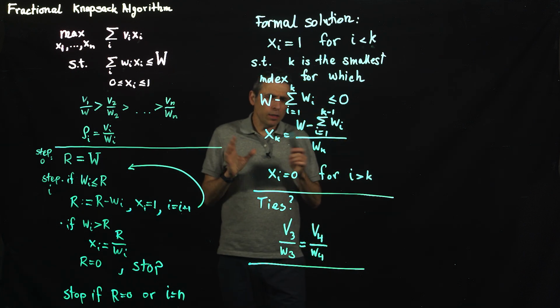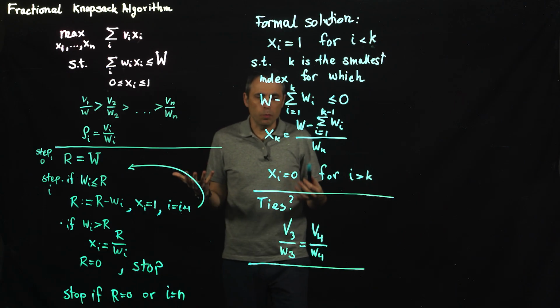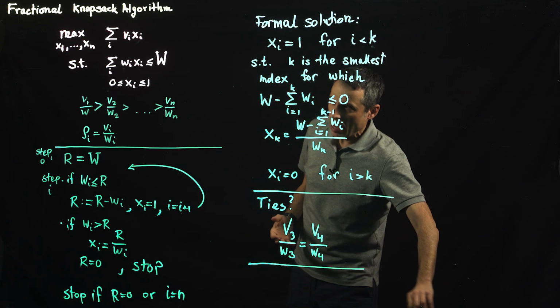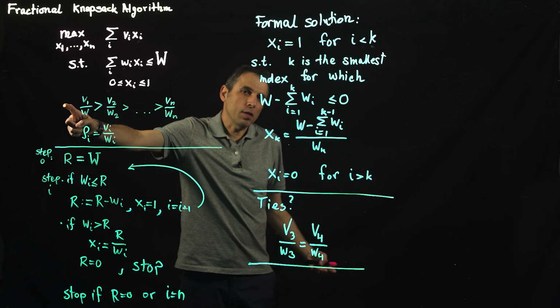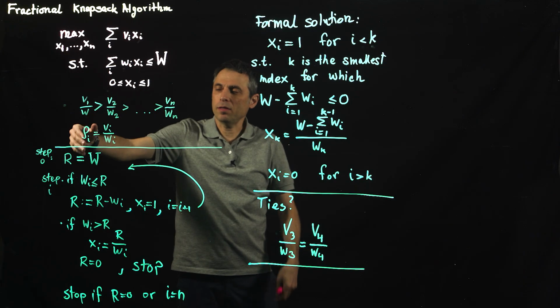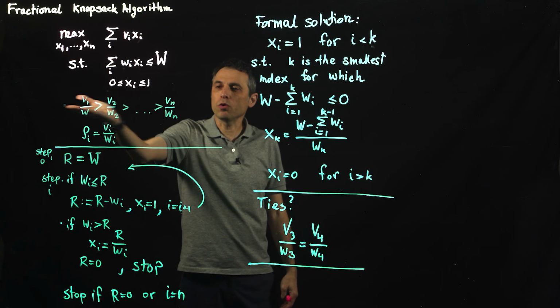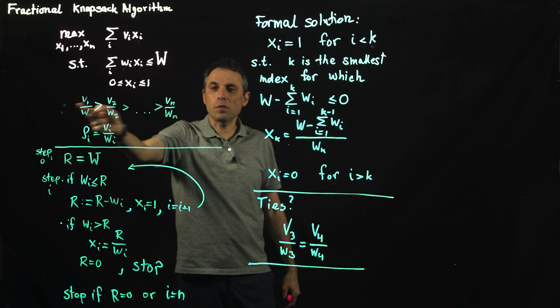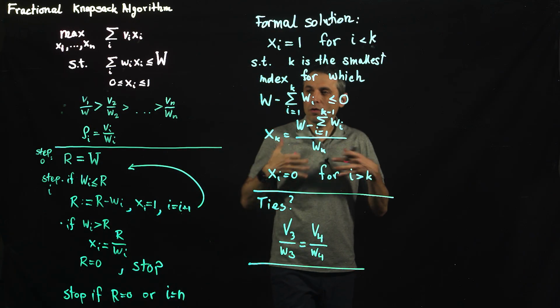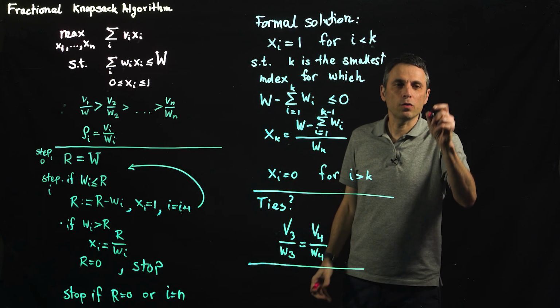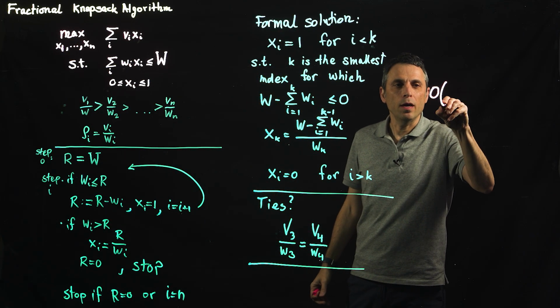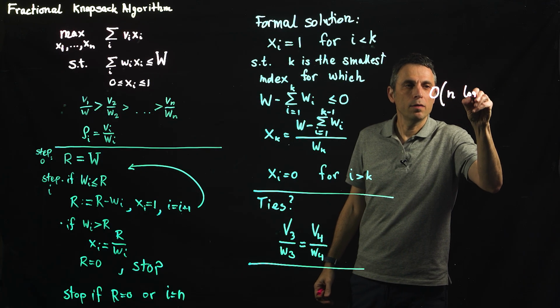Another thing that is worth mentioning is, what's the computational burden here? The first step is, and I assume it because that's math, but you will have to order the items like that, and the computational complexity of ordering is O(n log n).